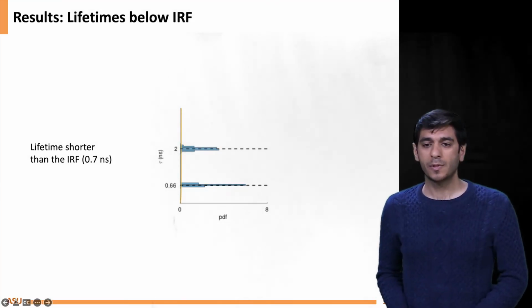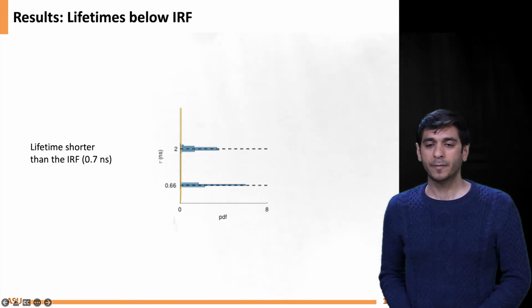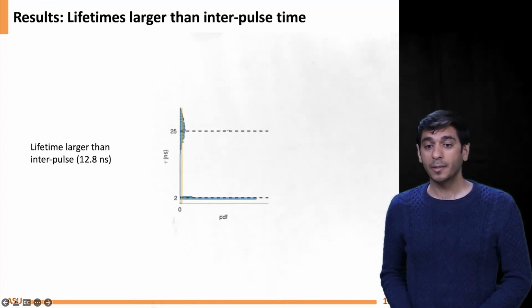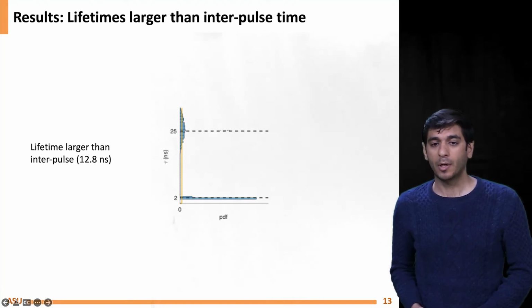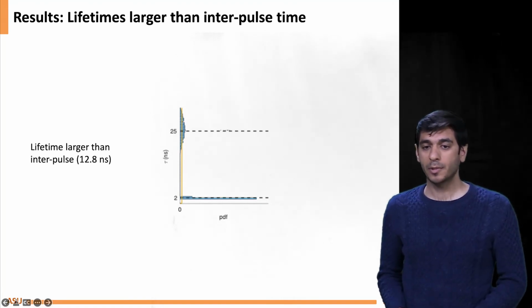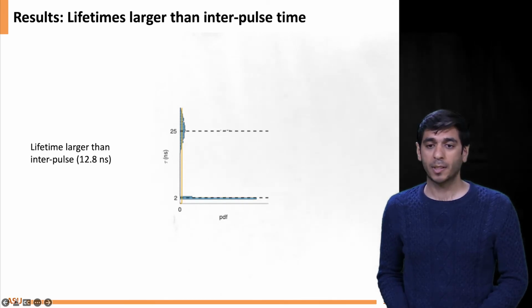In this slide, you see a lifetime shorter than the IRF, and our algorithm is still able to recognize and learn that lifetime. In this slide, we simulated data with a lifetime larger than the interpulse time. The interpulse time here is 12.8 nanoseconds, and we simulated data with a lifetime of 25 nanoseconds, and our algorithm still learns that.